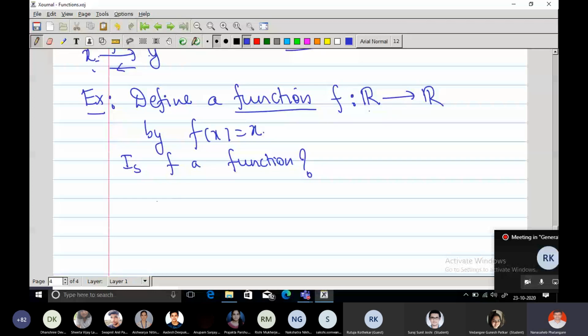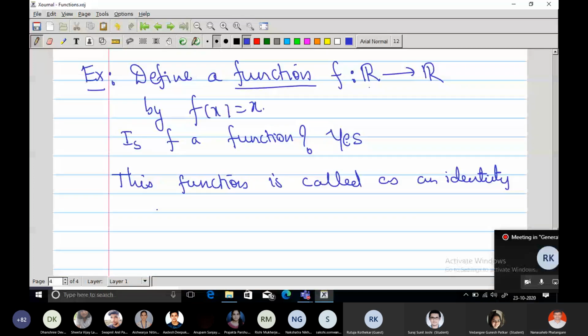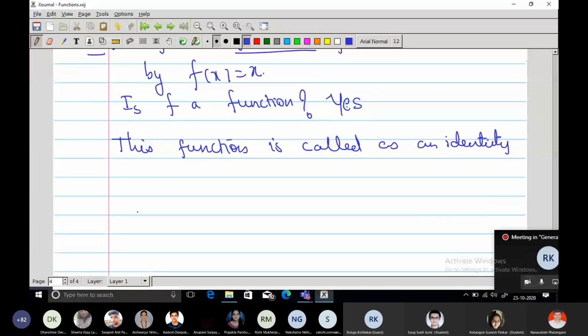So the answer is yes. This function is called an identity function. Identity means what?